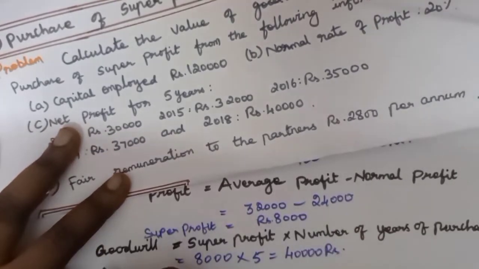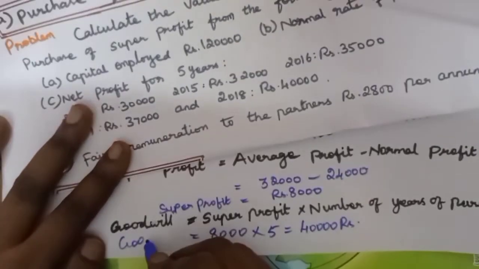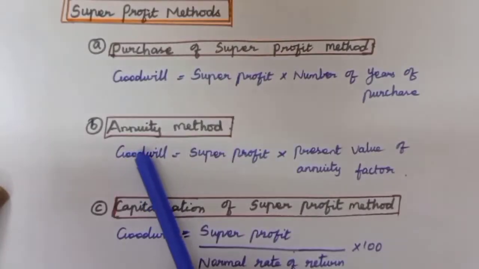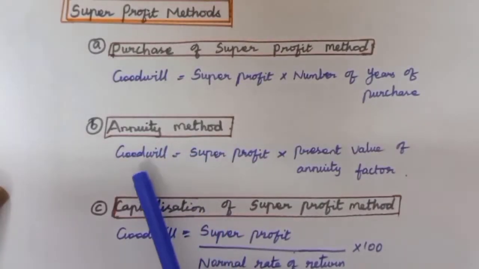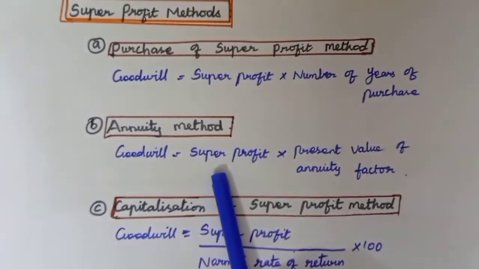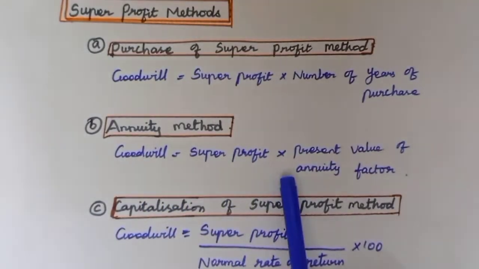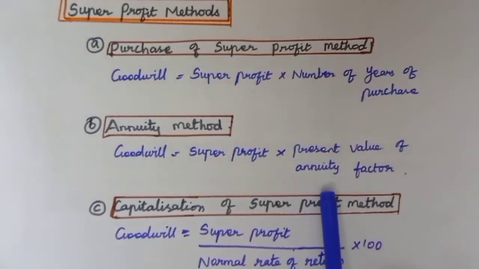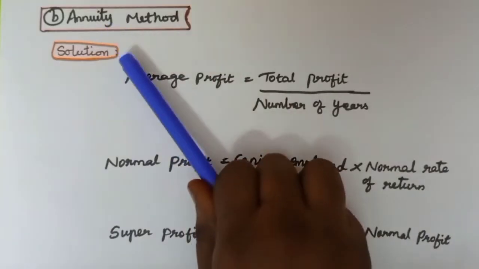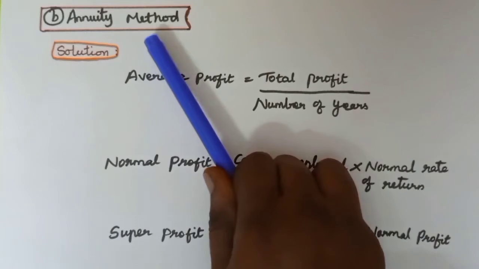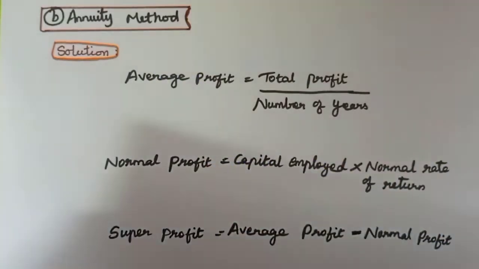Goodwill is 40,000 rupees. Under the annuity method, the value of goodwill is calculated by multiplying the super profit with the present value of annuity. Next, we will see one problem under annuity method of super profit.